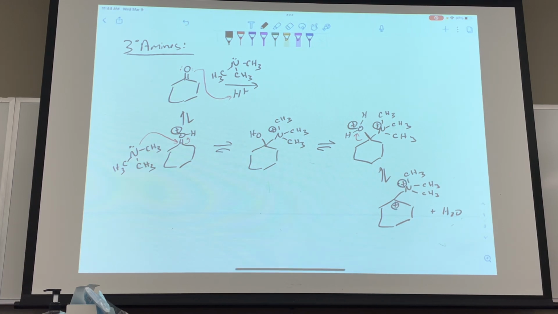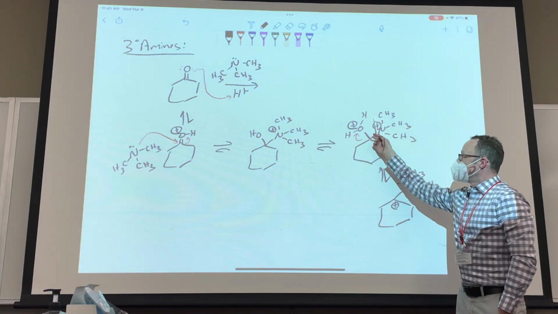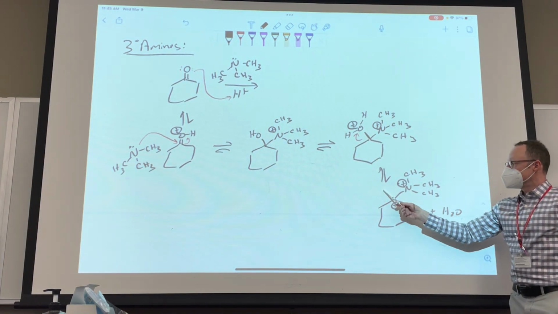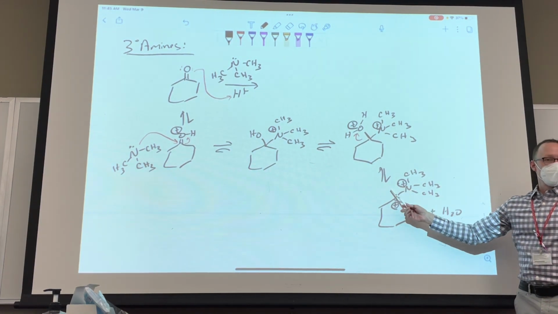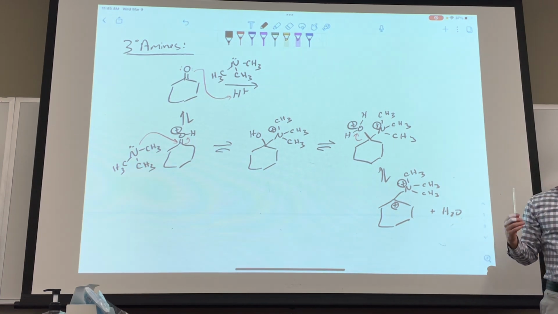How are you liking this mechanism so far? Do you like this? How about this? These structures are getting quite ludicrous, right?